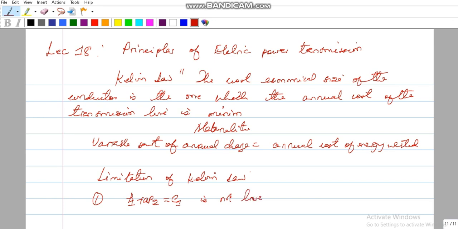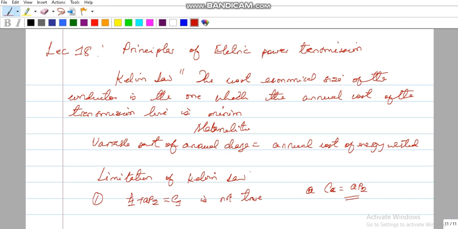Sawa, hakuna variation ambayo cost ya conductor ni equal to A P2, kwamba ina vary linearly like this. Ndio maana this relationship P1 plus A P2 is equal to C1 is not true. Kwa hiyo ndio limitation ya kwanza.